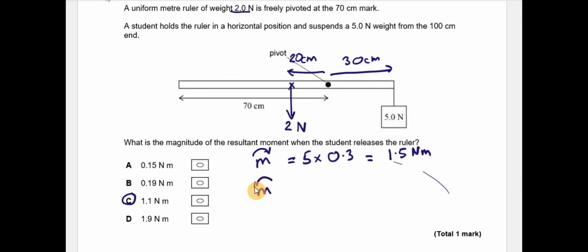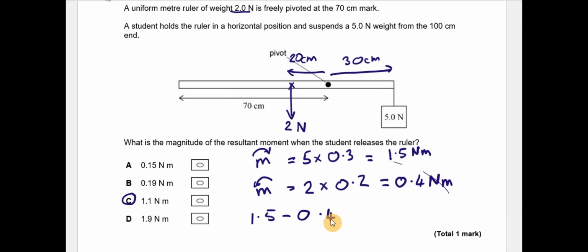The anti-clockwise turning moment, which is produced by the weight of the ruler, is the weight of the ruler multiplied by its distance from the pivot, which is 0.4 newton meters. The difference between these two values will be the resultant moment, which is 1.1 newton meters.